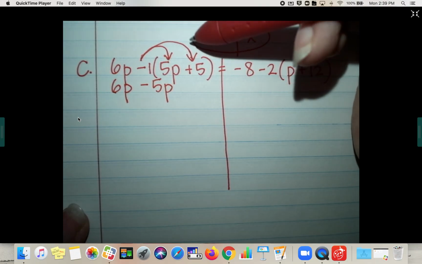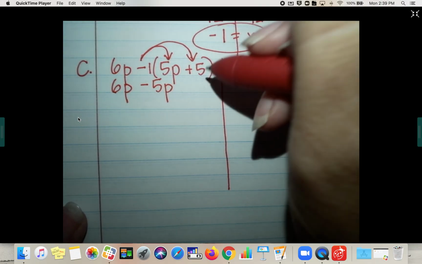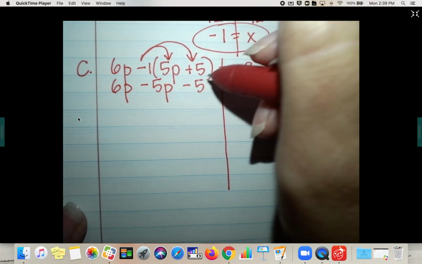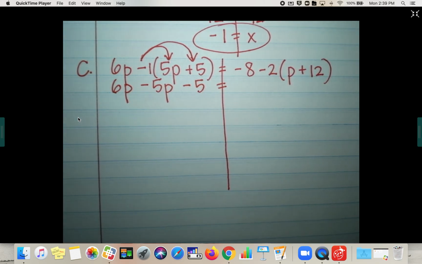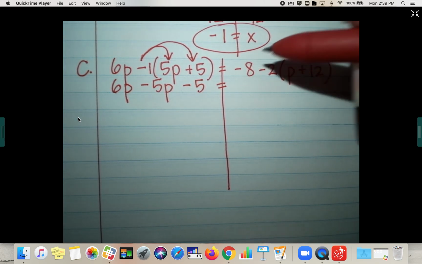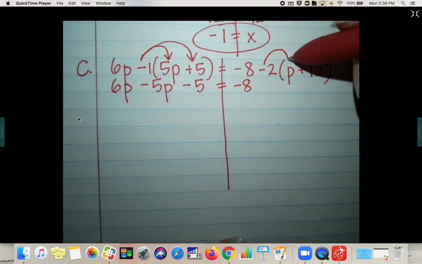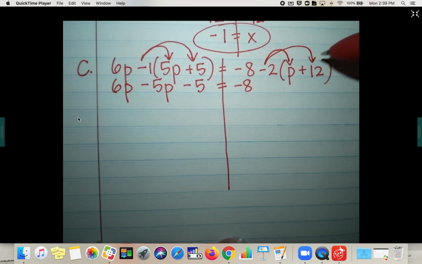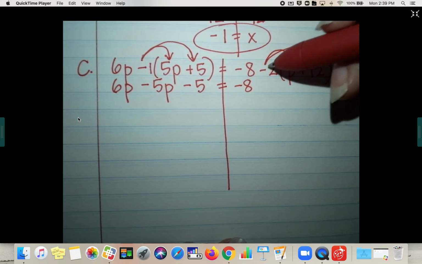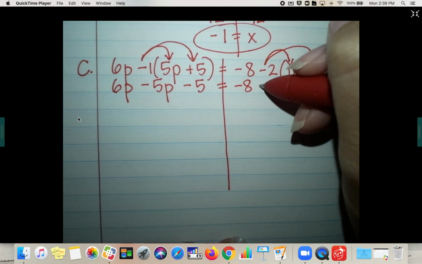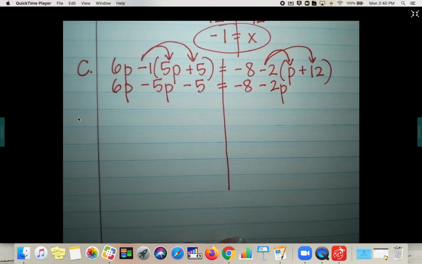Negative 1 times positive 5 is negative 5, so it looks like a minus 5. On the right, we're not doing anything with the negative 8. That's not what's getting distributed, so I'm just going to bring that down for now. We're distributing negative 2 to all of this stuff. So negative 2 times p is negative 2p. And negative 2 times 12 is negative 24.